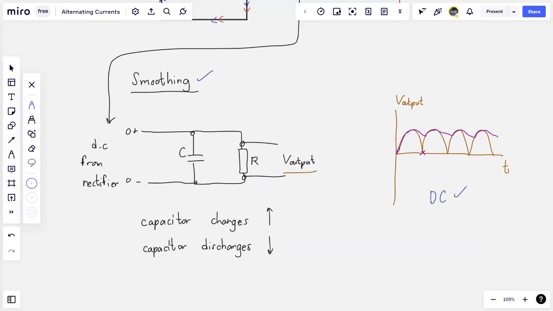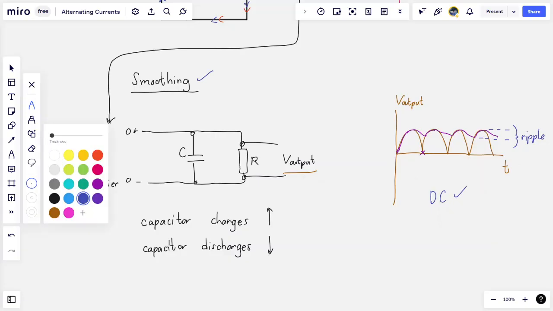And it turns out that the separation between the lowest that the current will go to and the peak value we call the ripple. Now the ripple value can change. So let's draw a different ripple value, one where the current drops quite significantly.